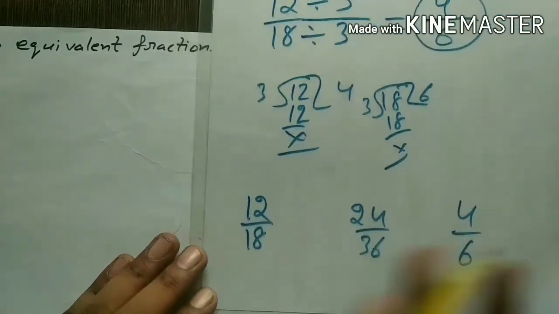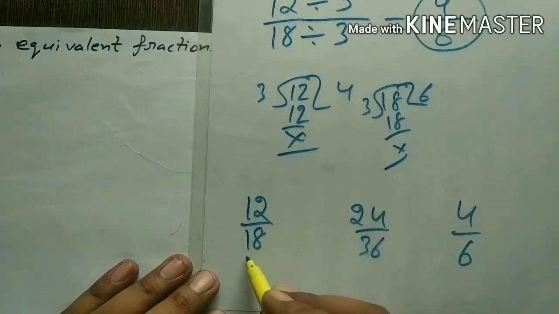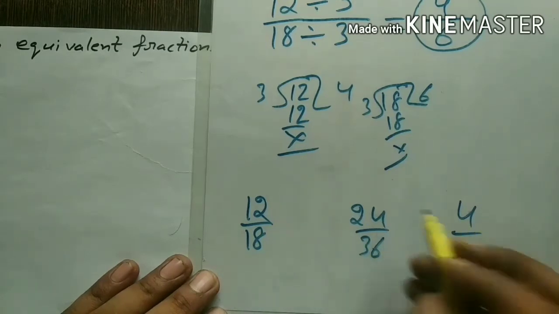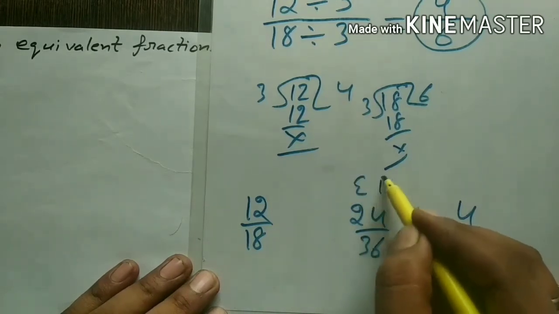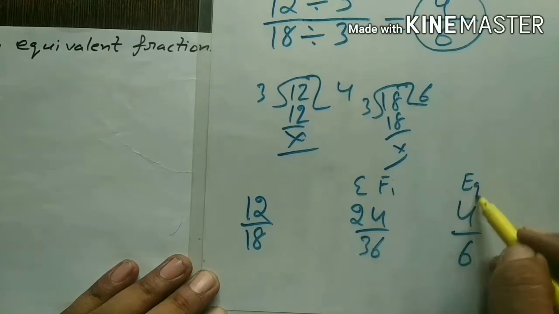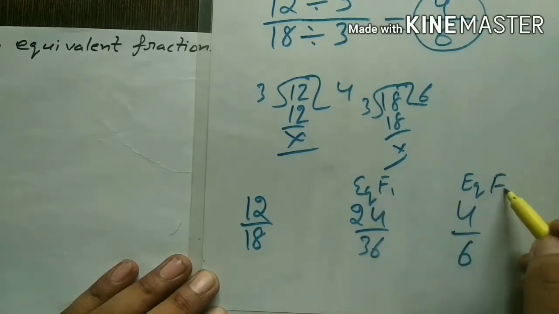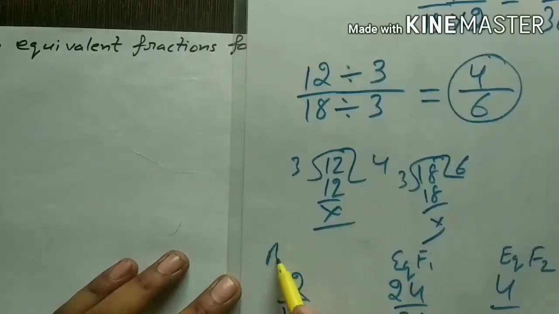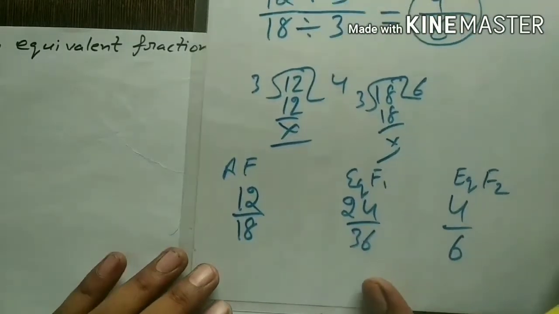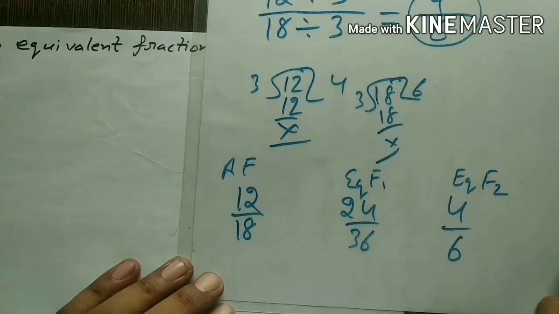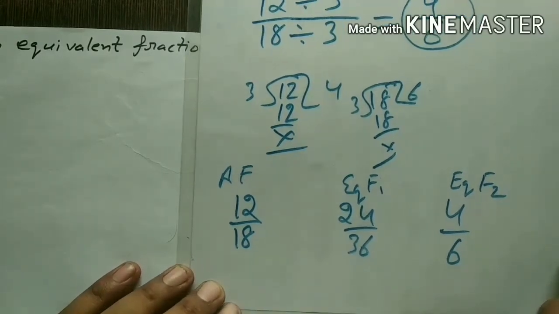Okay students, you agree with it? This was the actual fraction and these are equivalent fraction 1 and equivalent fraction 2. Clear? Now let us understand the concept of equivalent fractions.